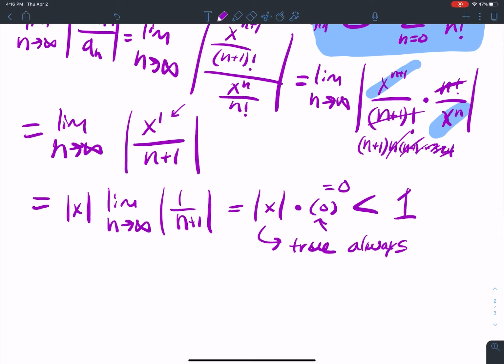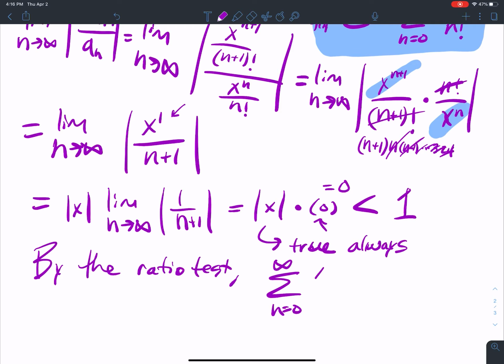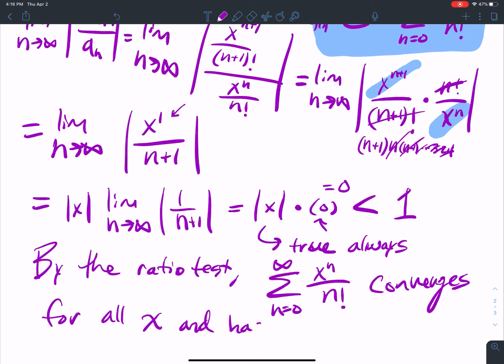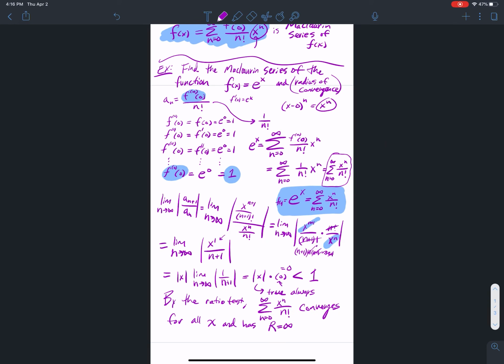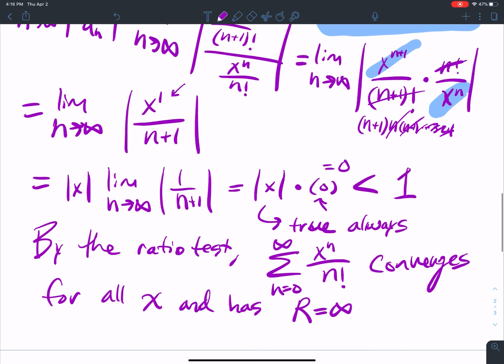So what does that tell me? By the ratio test, the series n equals 0 to infinity, x to the n over n factorial converges for all x and has radius of convergence equal to infinity.